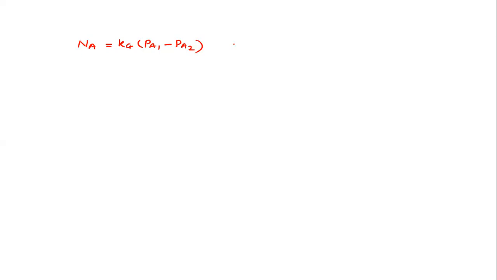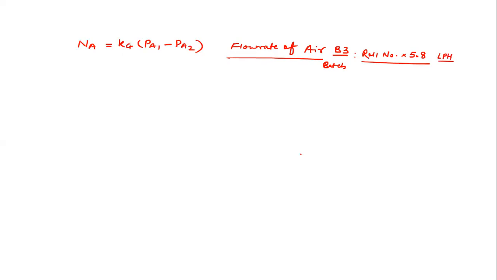So I have here flow rate of air. Batch B1, B2 I have given. For batch B3, flow rate is your roll number into 5.8. That is flow rate in liter per hour. This is air flow rate.